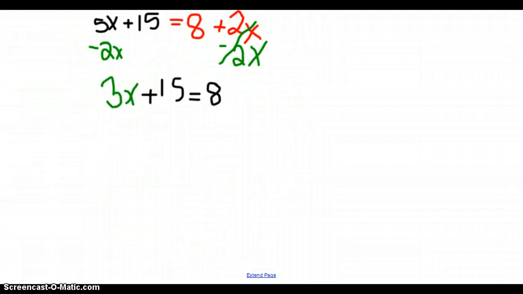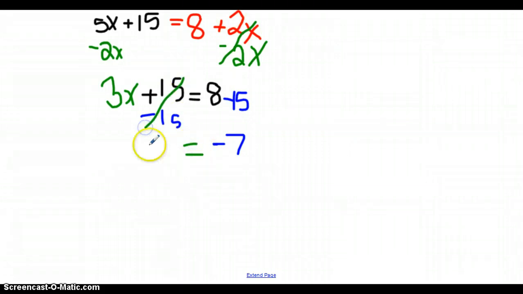So what I'm going to do is now get rid of the positive 15. To do that, we're going to do the opposite, so I'm subtracting 15 from both sides. And I end up with negative 7. My 3x is on the other side still.